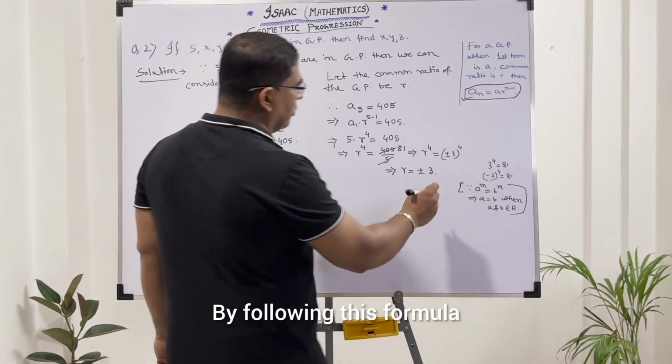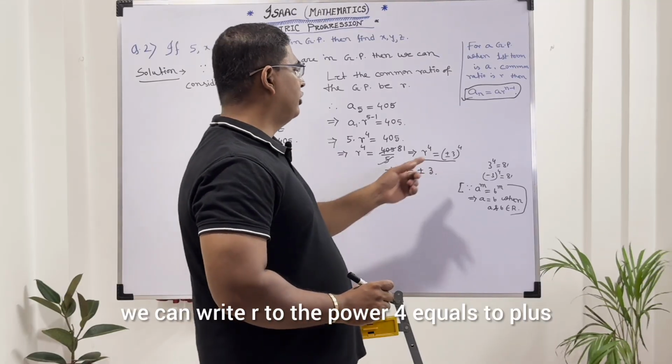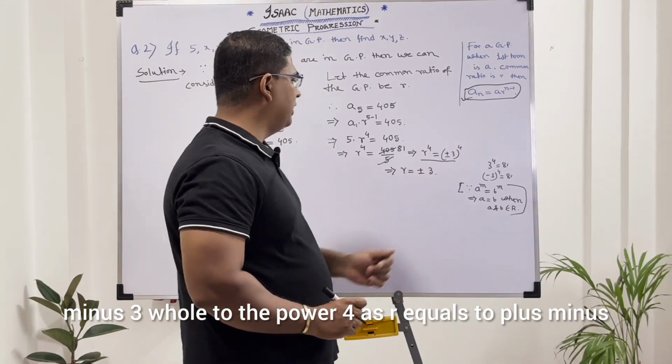By following this formula, we can write R to the power 4 equals to plus minus 3 whole to the power 4 as R equals to plus minus 3.